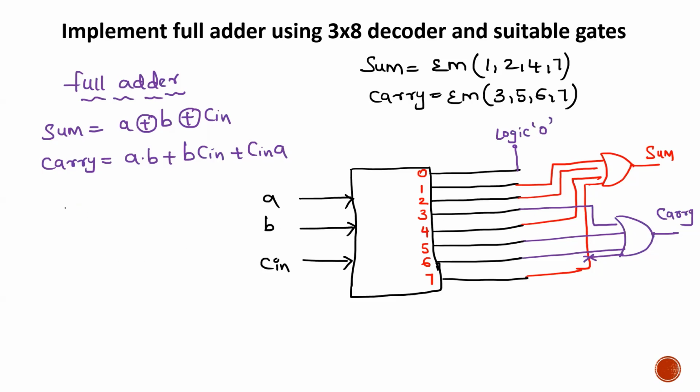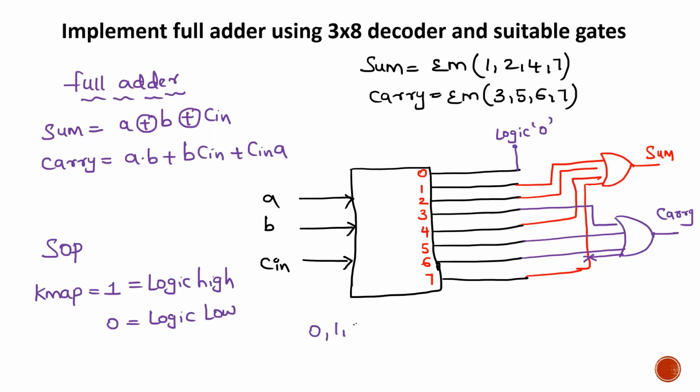Why I am considering them as logic high means in sum of minterms in K map we denote them with 1. Okay, so in SOP preference will be given for ones. So 1 is nothing but logic high, whereas 0 is nothing but logic low. See here, if 3 variables are there, we'll get 8 combinations, which is 0, 1, 2, 3, 4, 5, 6, and 7.